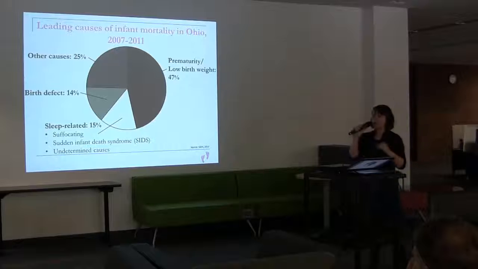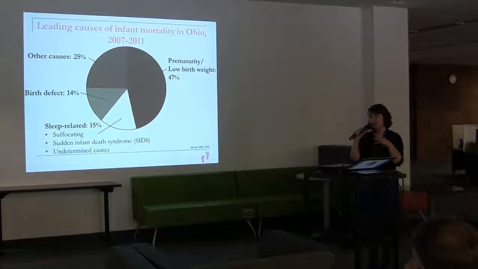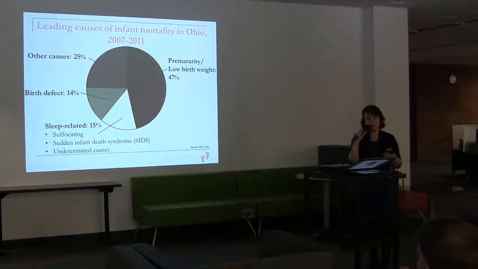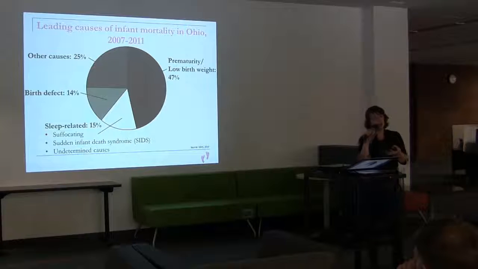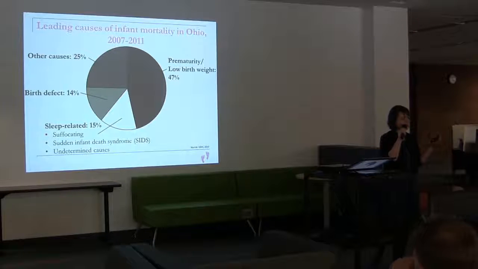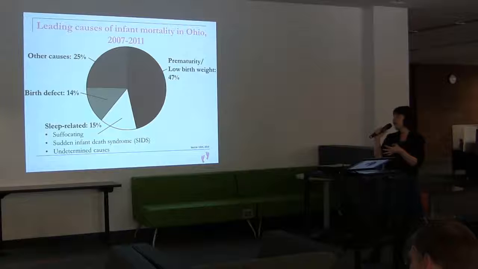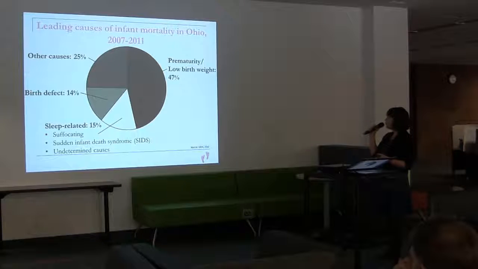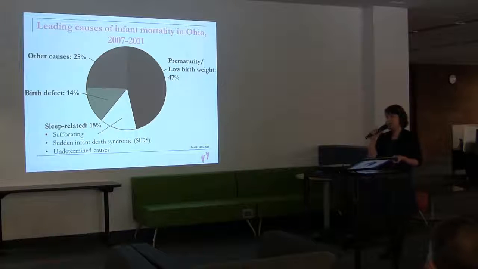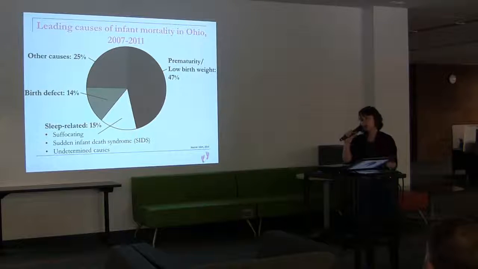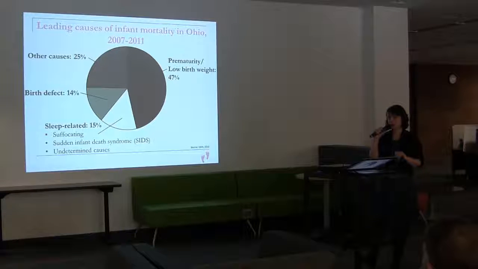So when we think about what's really driving the infant mortality, it's important to consider what are the main causes of infant death, because if we can know what those causes are, then we can be designing some interventions, hopefully, to prevent those deaths from occurring. So you can see here, about 47% of our infant mortality here in Ohio is due to babies being born too early or too small for their gestational age. We also see about 14% of those deaths are due to birth defects.